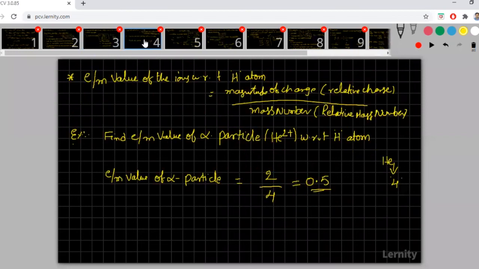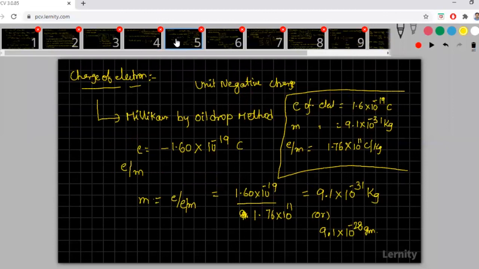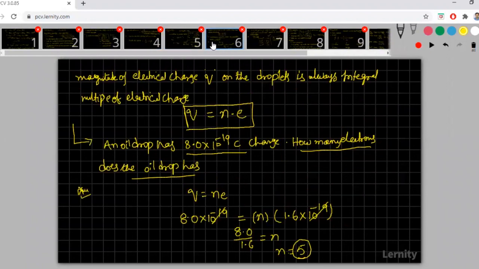Next, e by m of the ions with respect to hydrogen atom: magnitude of charge by mass number. Next, charge of the electron, Q is equal to Ne. This is another formula.